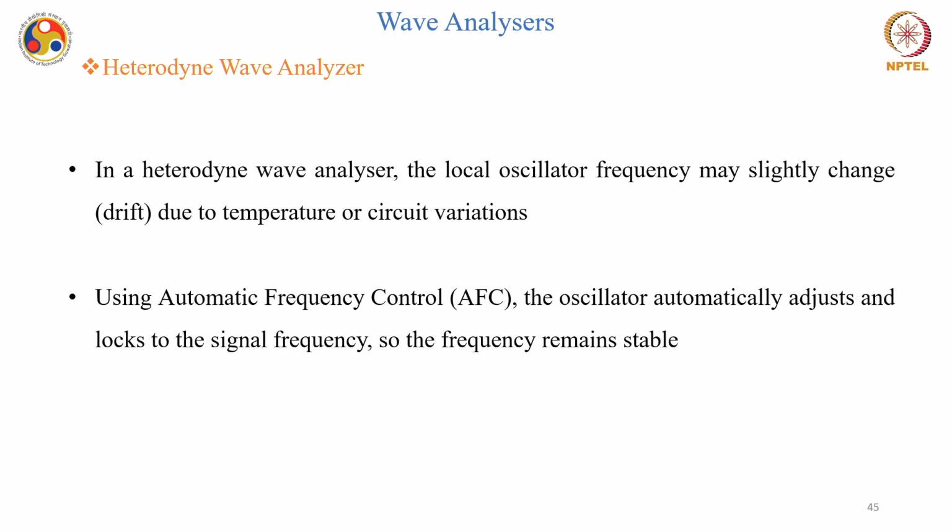In a heterodyne wave analyzer, the local oscillator frequency may slightly change due to temperature drift or circuit variations. Therefore, we use automatic frequency control. Using automatic frequency control, the oscillator automatically adjusts and locks to the signal frequency, so the frequency remains stable.